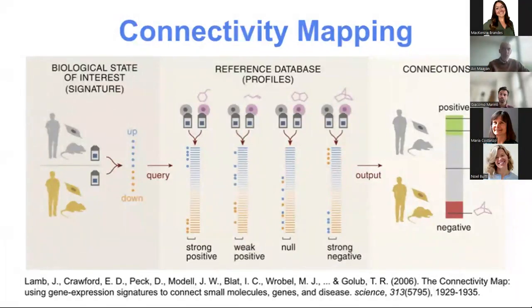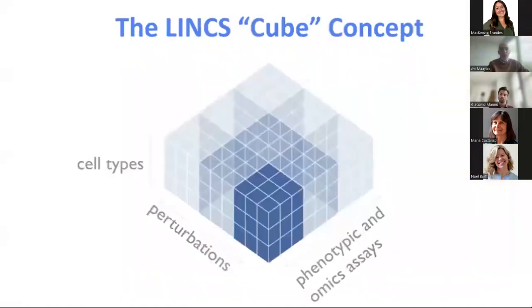The idea for LINCS was to really expand on this idea. So the LINCS cube is this concept of having many, many perturbations. Again, those could be chemical, genetic, or microenvironments.